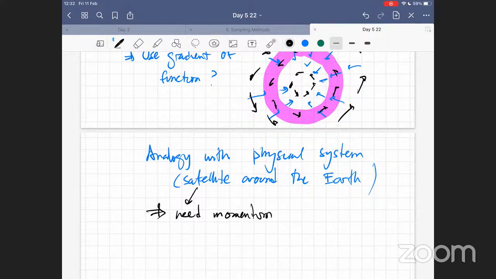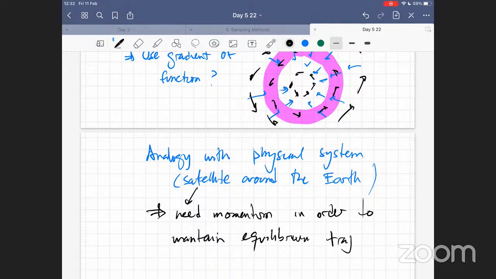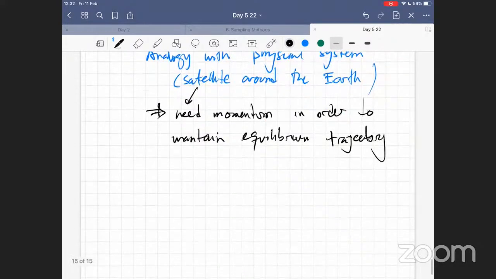Satellites need momentum in order to maintain the equilibrium trajectory. And that is the whole thing.